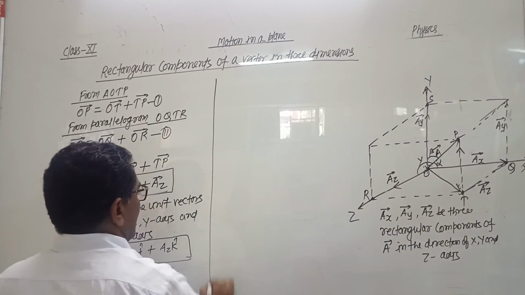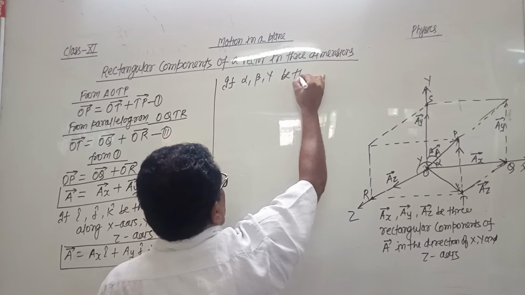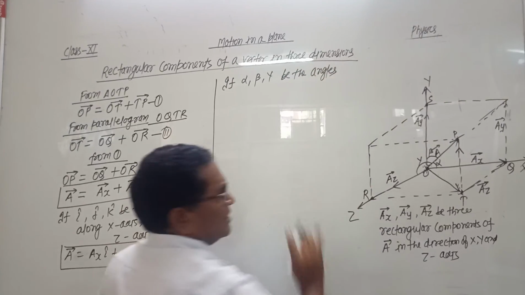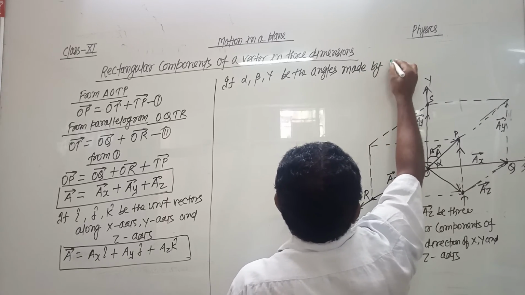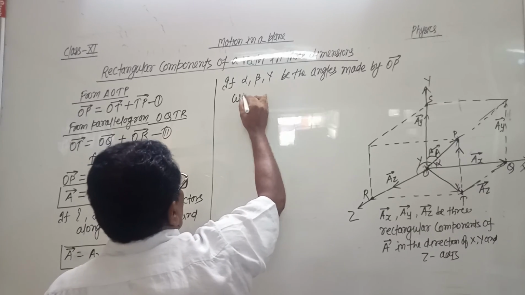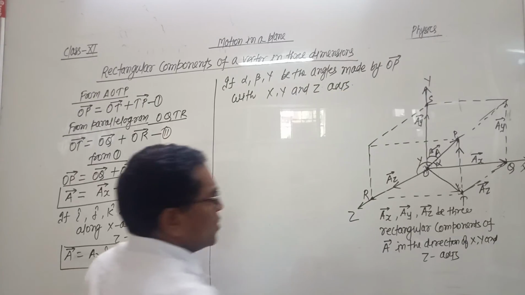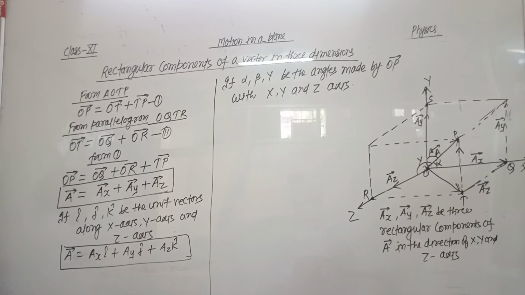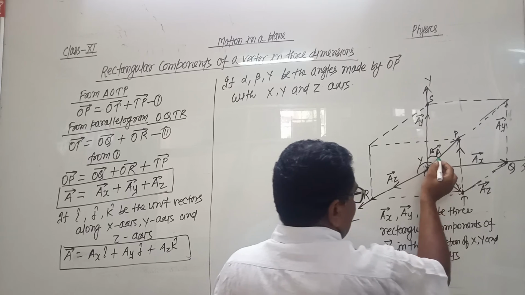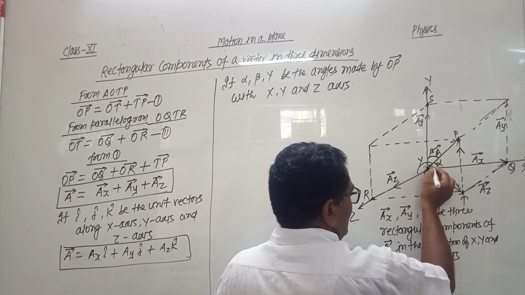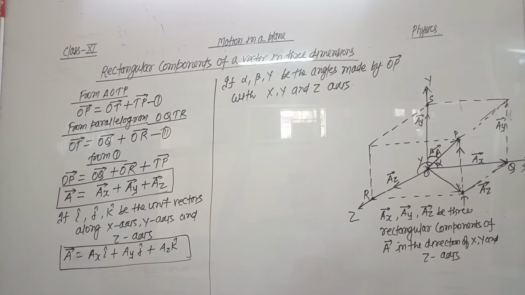So if alpha, beta, gamma are the angles made by the OP vector with the X, Y and Z axes, meaning the OP vector is making an angle alpha with the X axis, an angle beta with the Y axis and an angle gamma with the Z axis, then AX equals A cos alpha.